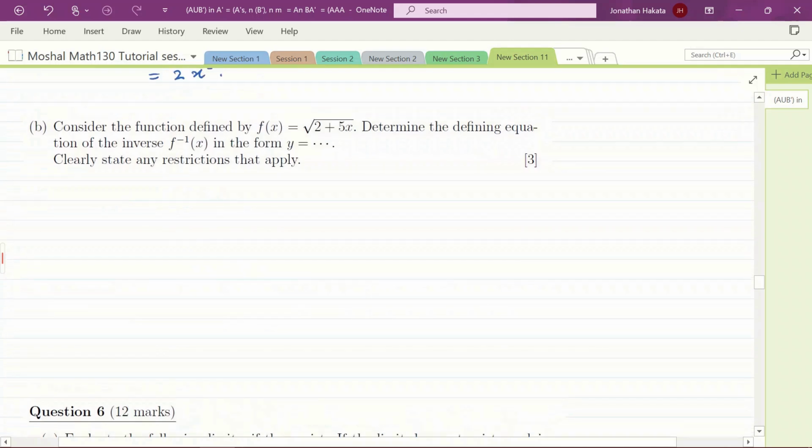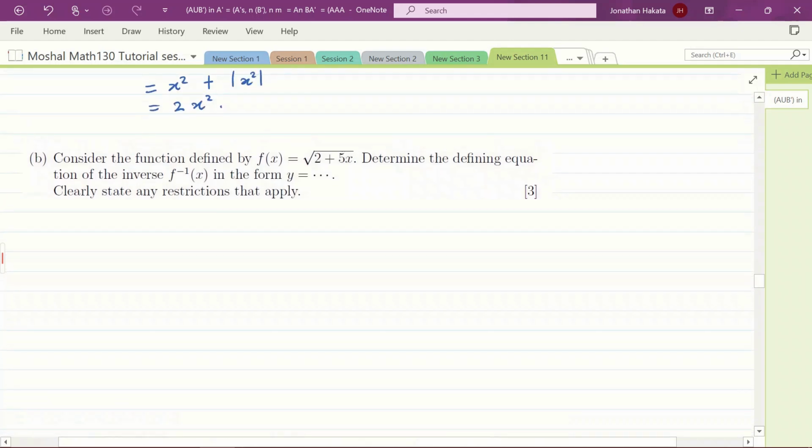Consider the function f of x being equal to the square root of 2 plus 5x. Determine the defining equation of the inverse in the form y equal to something. Clearly show any restrictions that apply. So let's rewrite it in terms of y. Let y be equal to the square root of 2 plus 5x.